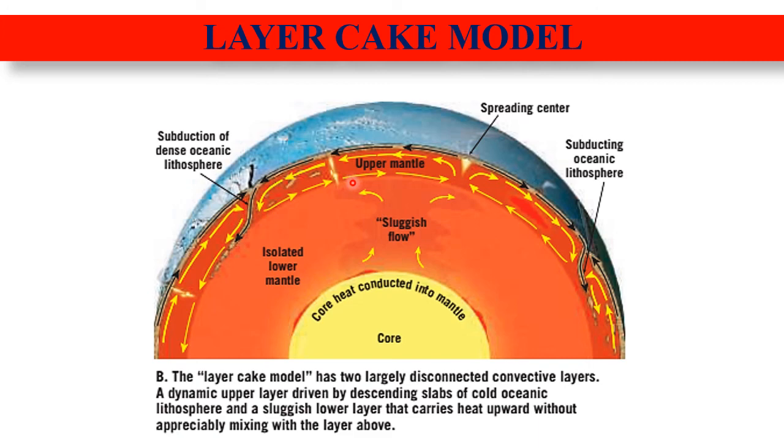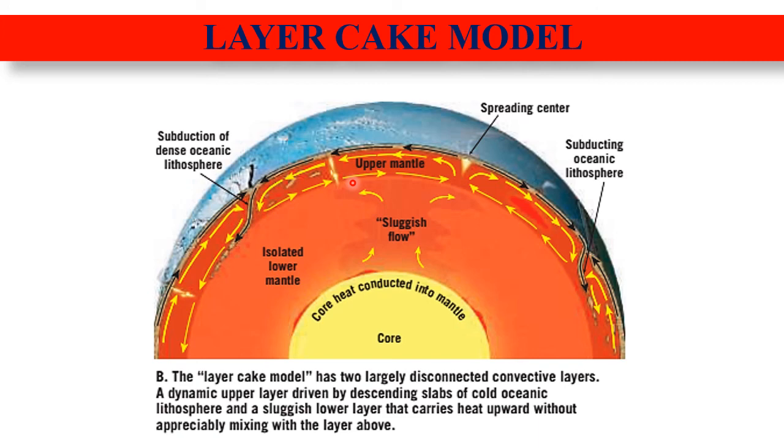As with the whole mantle model, the downward convective flow is driven by the subduction of cold, dense oceanic lithosphere. However, rather than reaching the lower mantle, these subducting slabs penetrate to a depth of no more than 1000 kilometers.